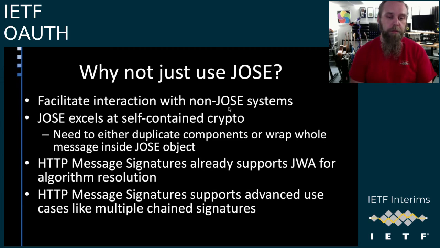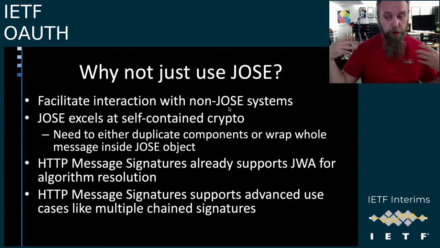Yeah, and we could get into architectural arguments about why one way or the other, but there are a couple of really, really important features of HTTP message signatures, as of the current draft, that are apropos here. One of them, and this one I really like: Annabelle and I came up with a way to allow HTTP message signatures to use JWA and JWK for algorithm resolution if you choose to.